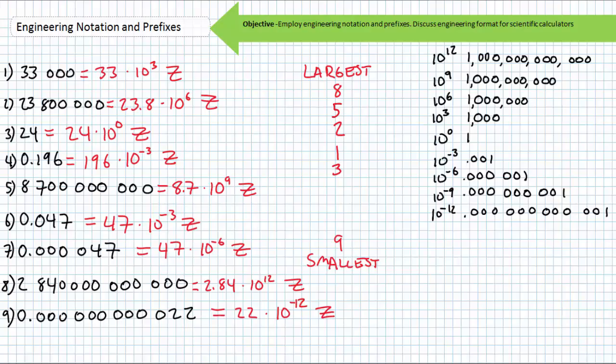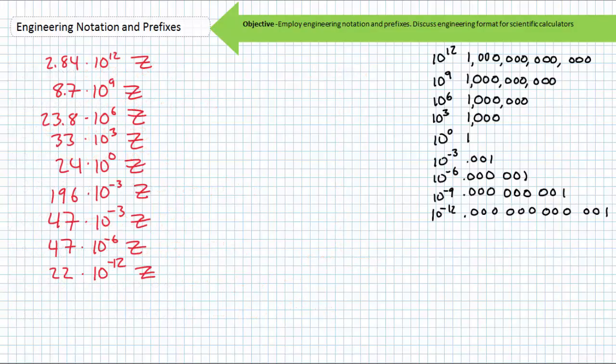Entry 4 and 6 are on the same playing field, however 4 is larger than 6. Entry 7 is 1,000 times less than entry 6. Finally, the smallest entry is entry 9 at 10 to the negative 12th, or 1 trillionth. Arranged in the proper order of magnitude, the entries would be as follows using engineering notation.